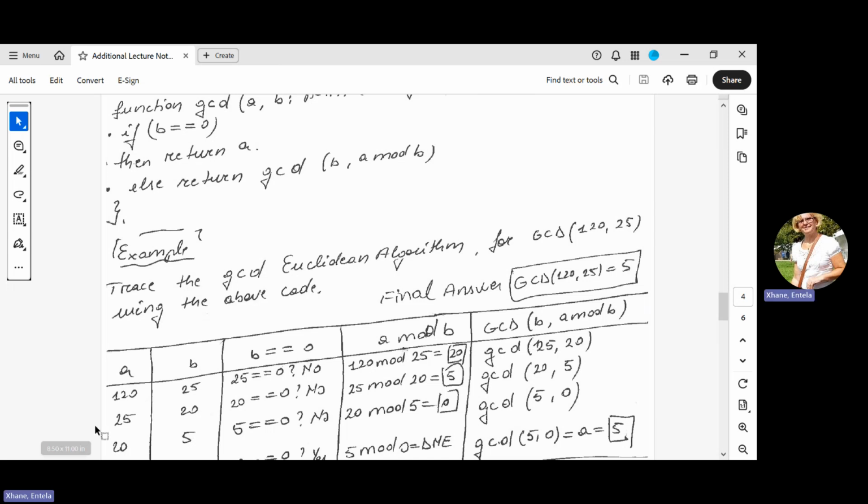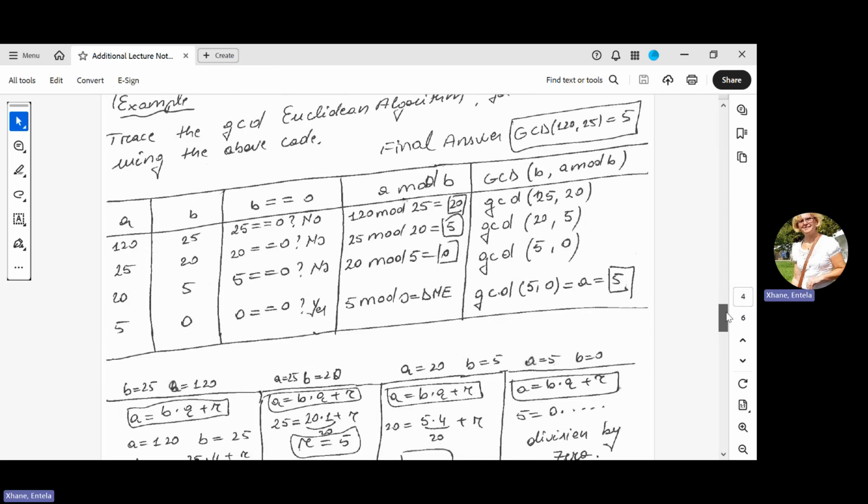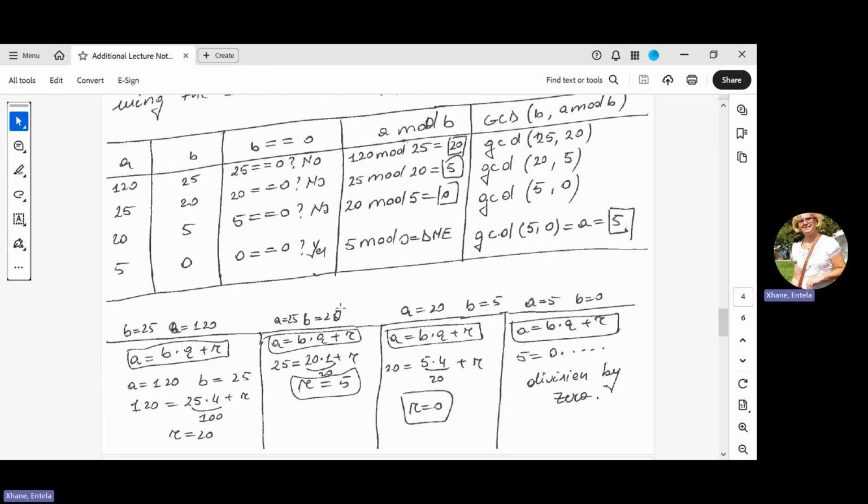So now A becomes 25, and B becomes 20. These are the two new numbers. Is 20 equal to 0? The answer is no. So now we divide 25 by 20, and then we look at the remainder. Here's the algorithm: A divided by B gives the quotient Q plus the remainder. 20 goes into 25 one time, and the remainder is 5.